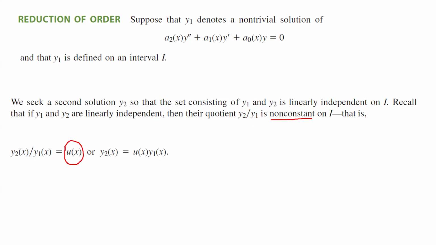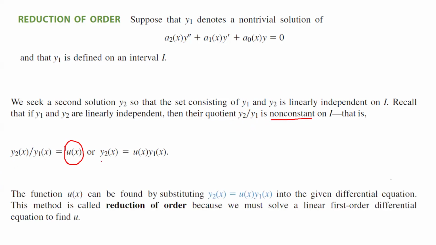Then our goal is to figure out what u of x is. y sub 2 can be written as u times y sub 1. Then you can take the derivative, substitute this back into the original differential equation, and apply the methods that you learned in calculus to find u(x).